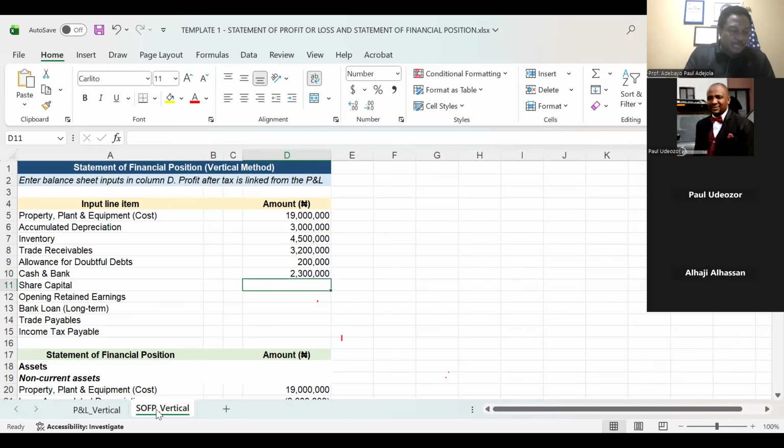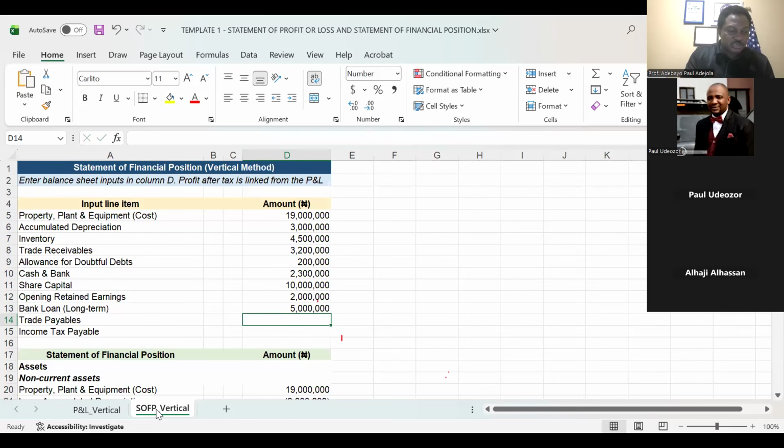2,300,000. Share capital we are given as 10 million. Type 10 million. Operating retained earnings, we have 2 million from our question. Are we there? Then bank loan is 5 million. They are all in the question.